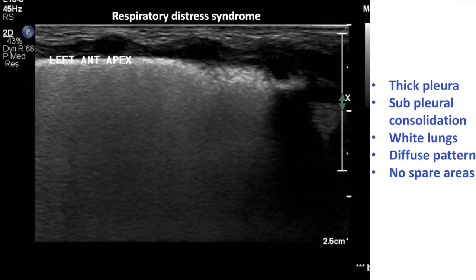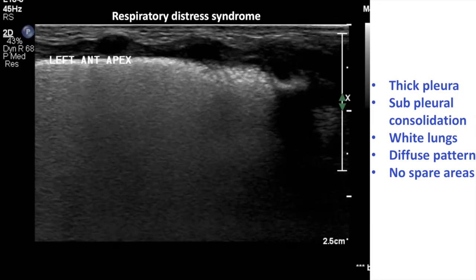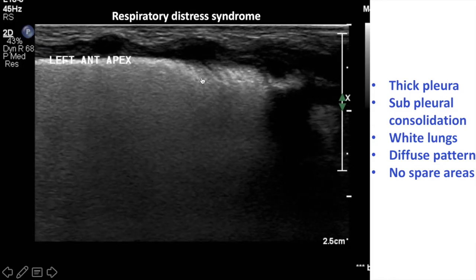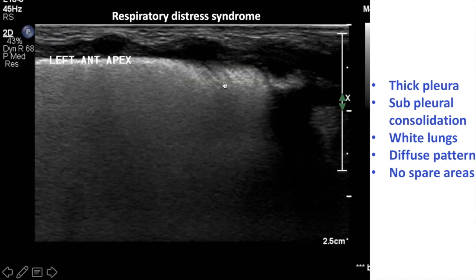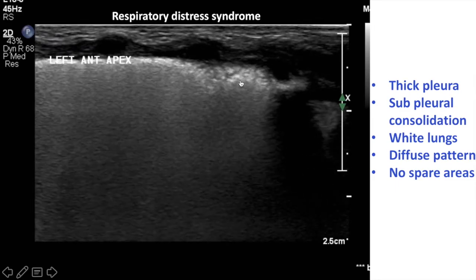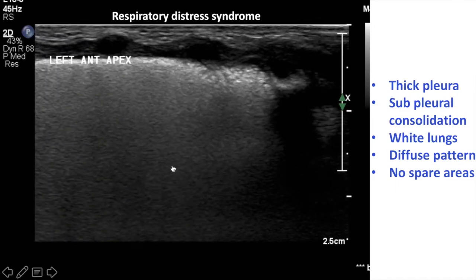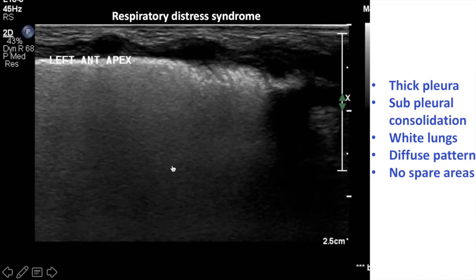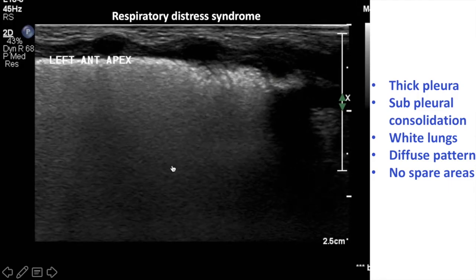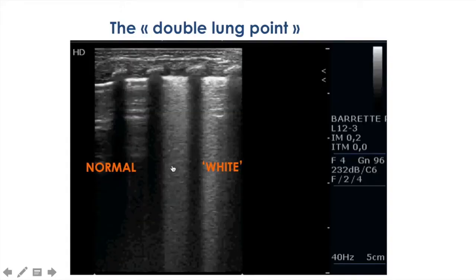RDS is really well defined. It's defined by a very thick pleural line with here some subpleural consolidation, diffuse coalescent B lines giving aspects of white lungs, and there are no spared areas. On the other hand, TTN is characterized by a normal pleural line, bilateral coalescent B lines in inferior areas.